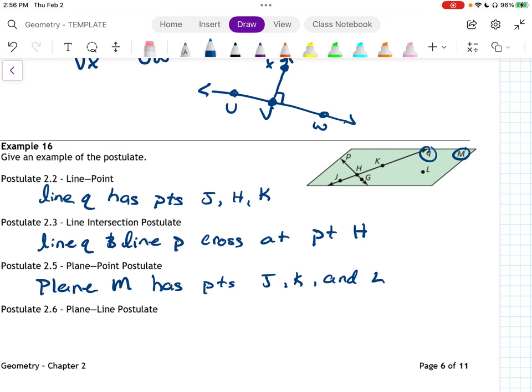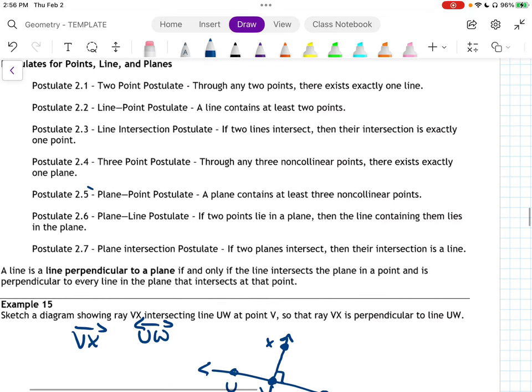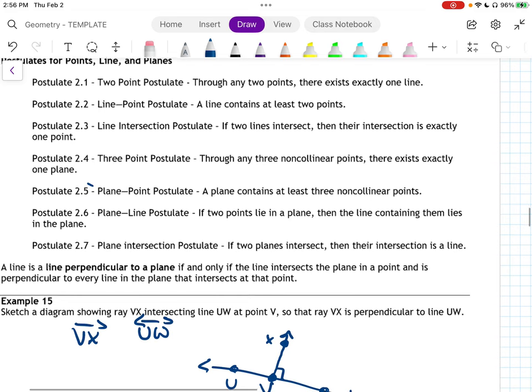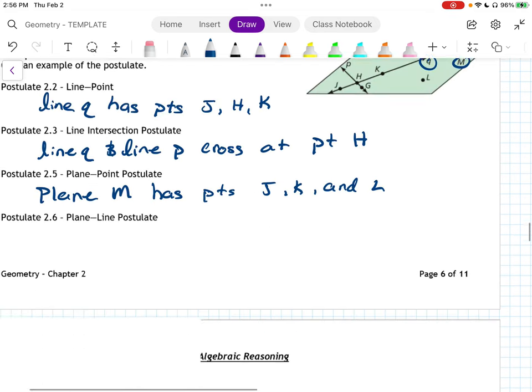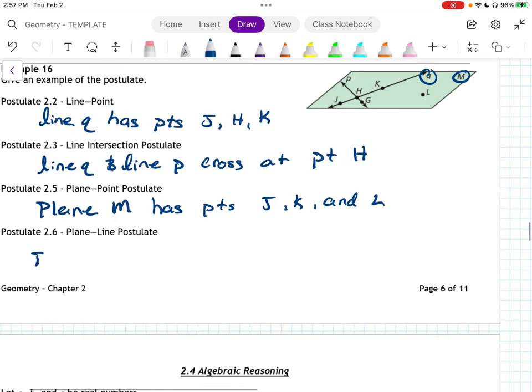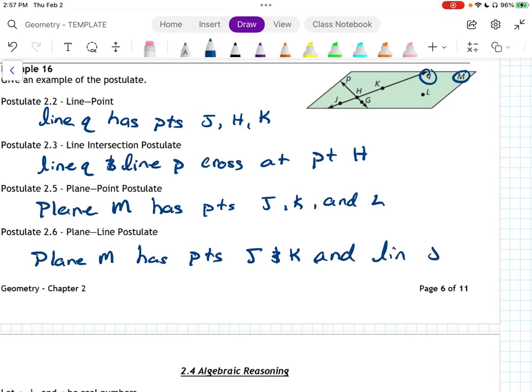Lastly, the plane line postulate. Well, that one says that if 2 points lie in the plane, the line containing them is in the plane. So, plane M has points, we'll say J and K, and line JK.